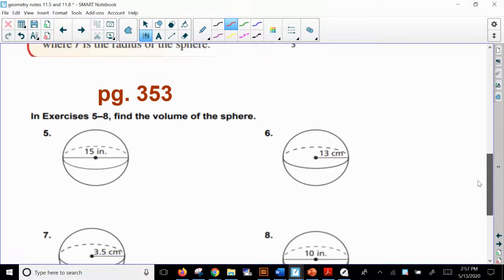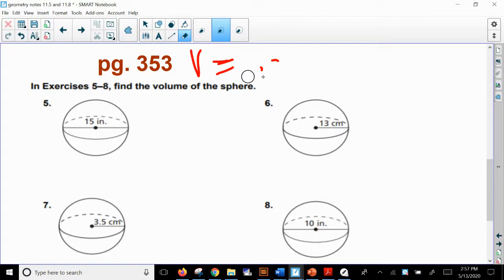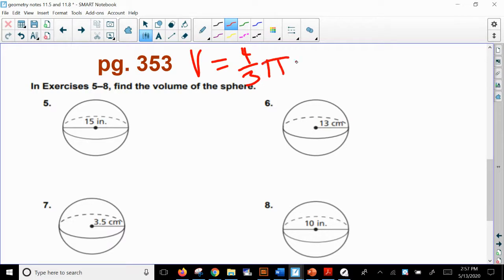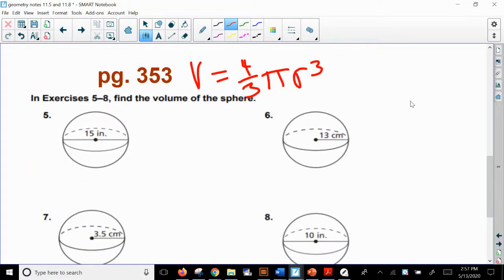I like finding the volume of a sphere because it's to the point. So again, my formula is 4/3 pi r to the third power. That's the formula for a sphere. We need to know what the radius is.